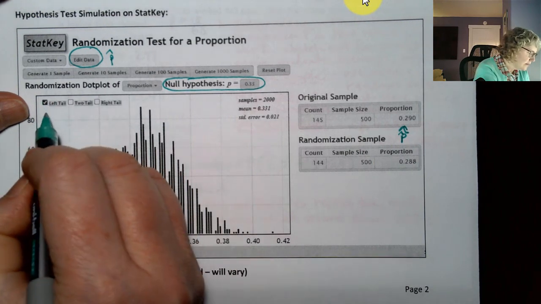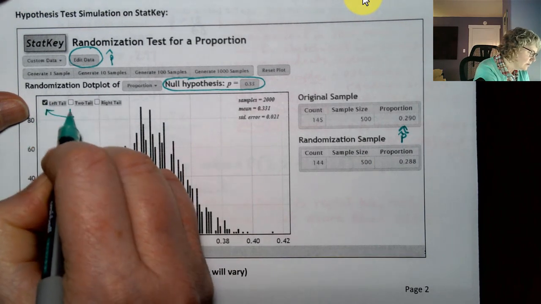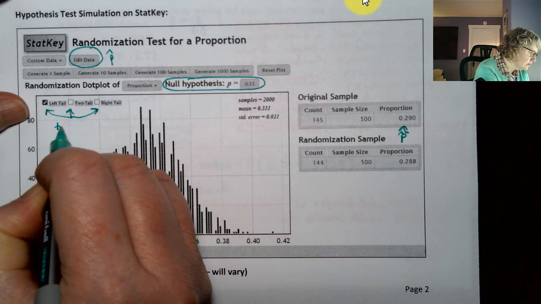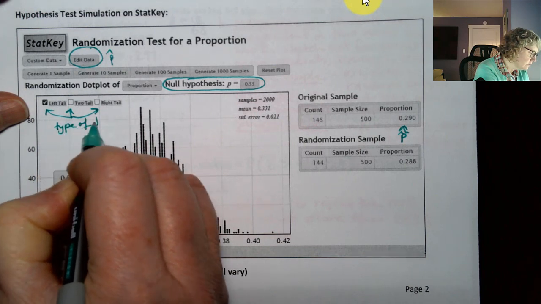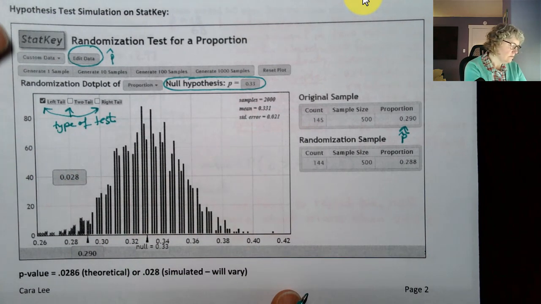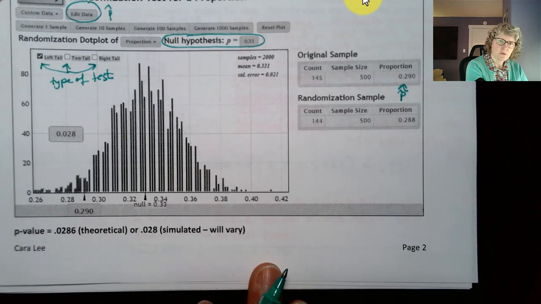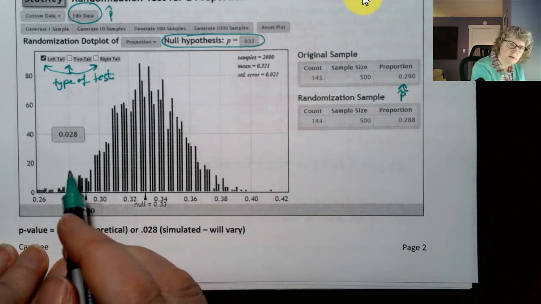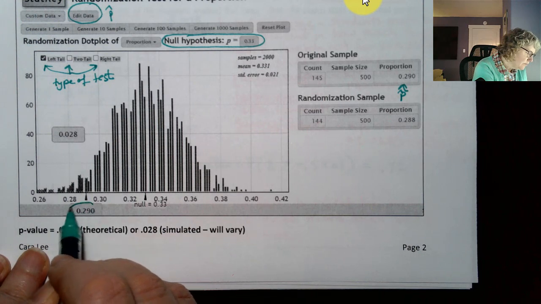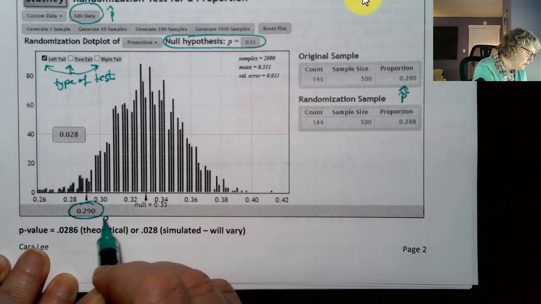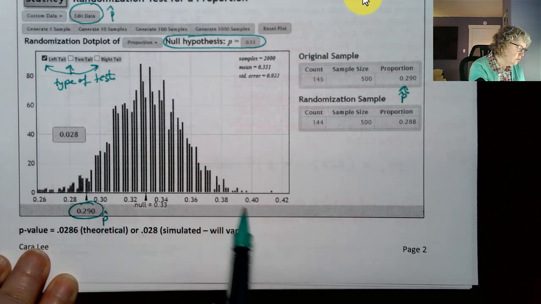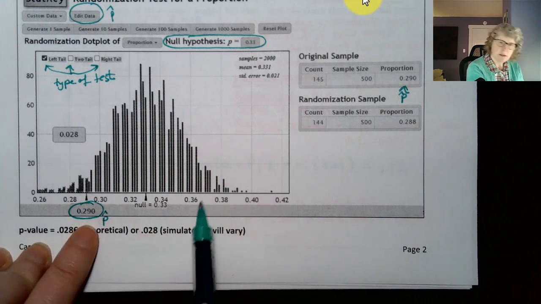And then you're going to select the type of test, right? And then depending on which one you put in, you get these numbers at the bottom. So whichever one you put in, or if you do two-tail, it'll give you both, right?